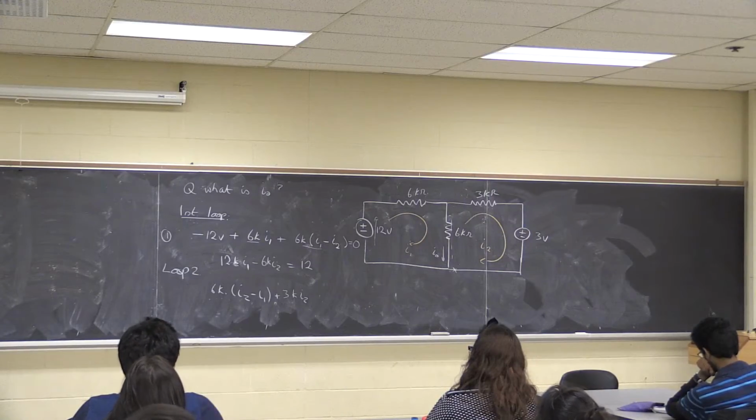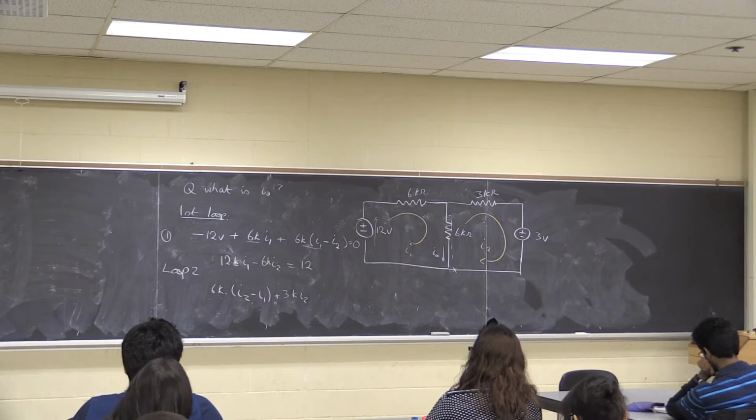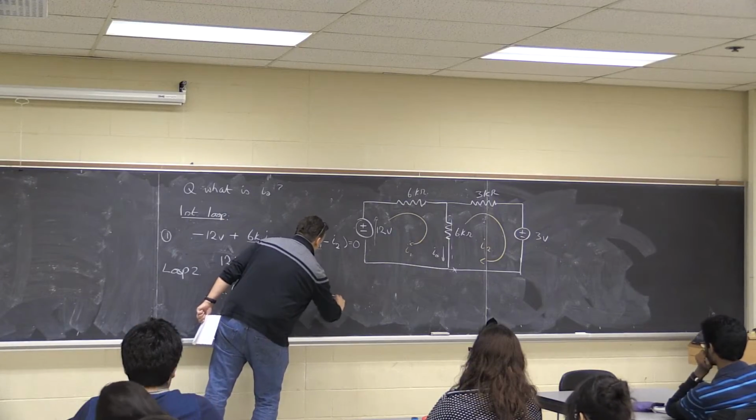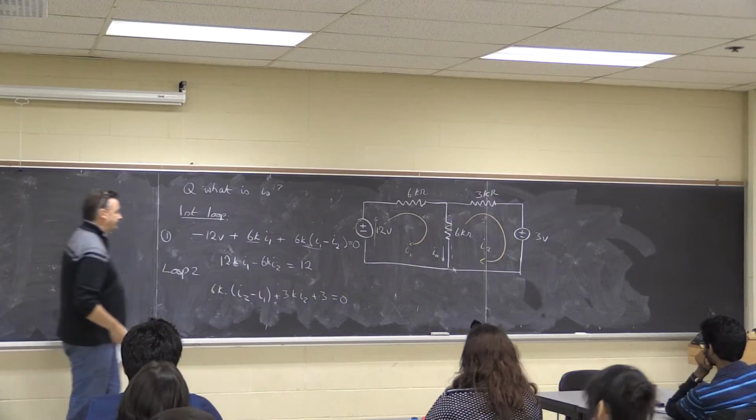I'm going from the positive side to the negative side, so my rule of thumb is that if I keep all the terms on one side, I would call that positive 3. So as I go through with this current, that would be plus 3 volts. All that equals 0.